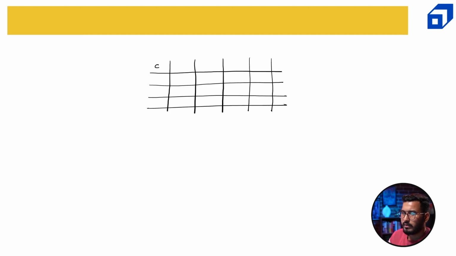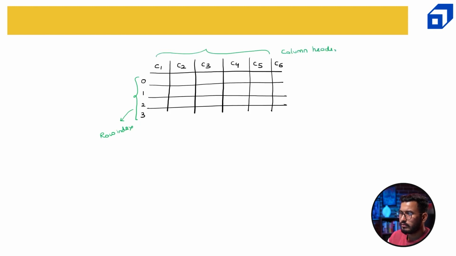Let's say this is column number 1, column 2, column 3, column 4, column 5, column 6, and this is row number 0, row 1, row 2, row 3, and so on. These are known as your row index, and these are known as your column headers. And here we fill the data. Now this complete structure is known as a data frame.